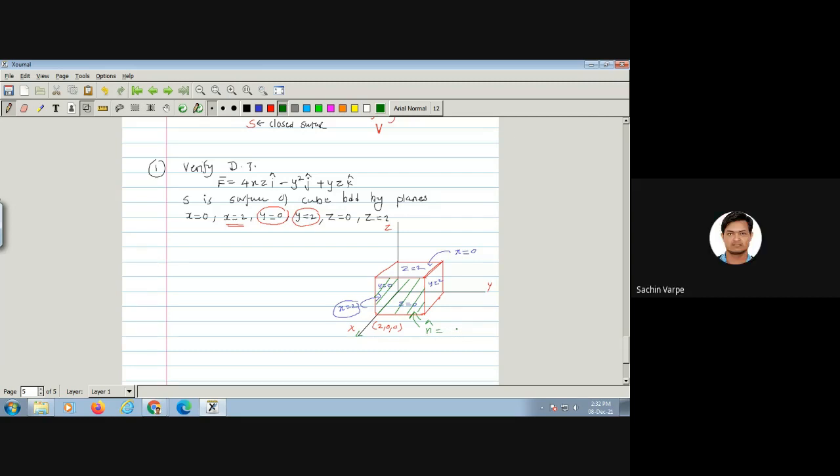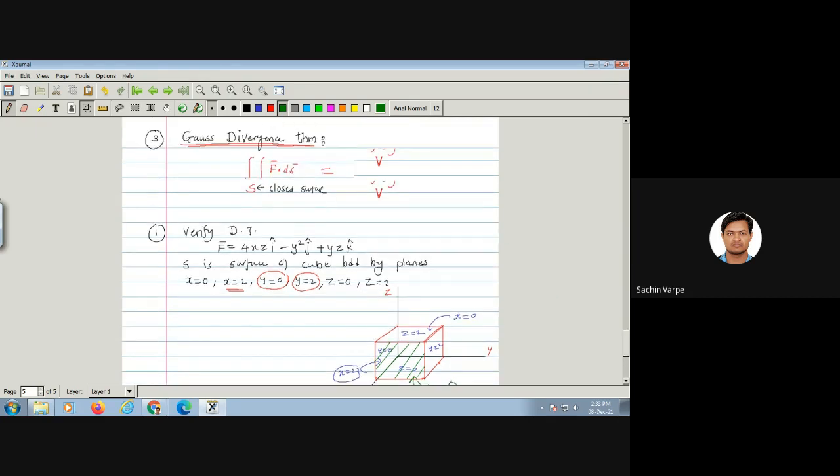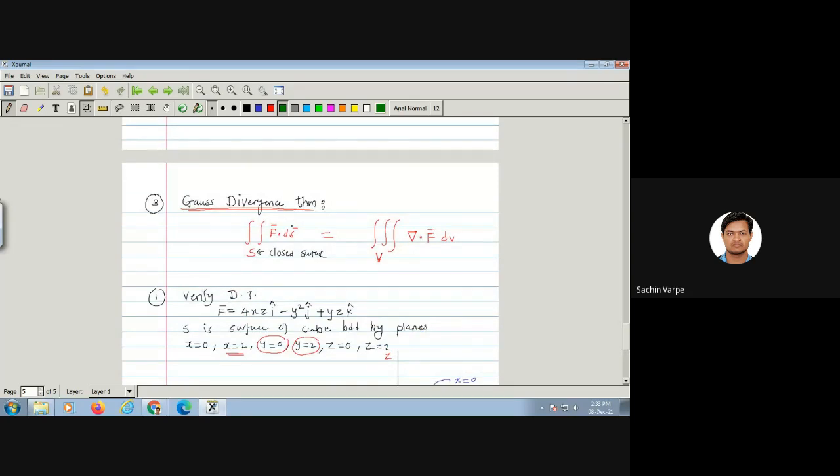I cap or minus I cap? I cap, because n cap is unit outward normal, used in n cap dot dS.